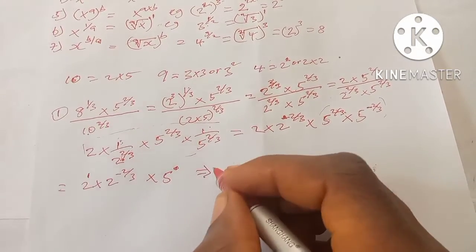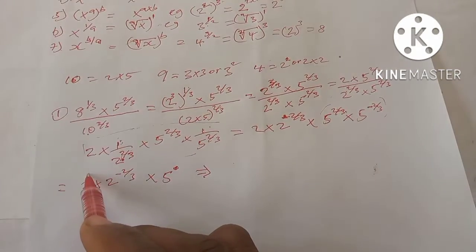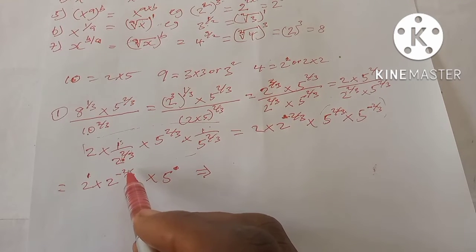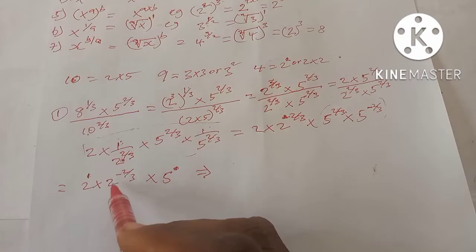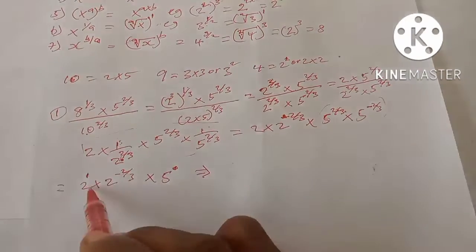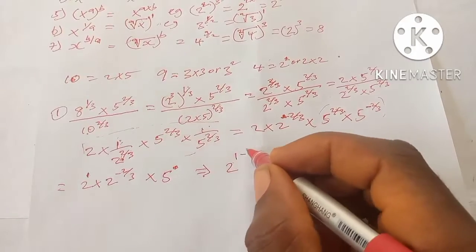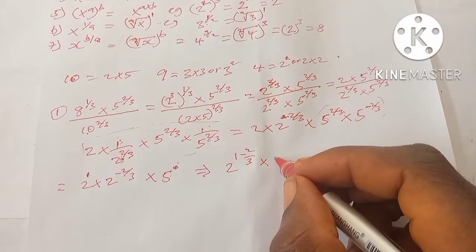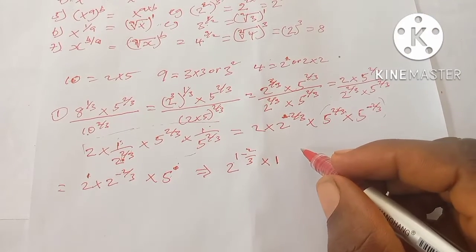And then we are going to add 1 minus 2 over 3 because the bases are the same, gotten from the first law. So 2 to the power 1 minus 2 over 3 times 5 to the power 0, which is 1 from law 3.